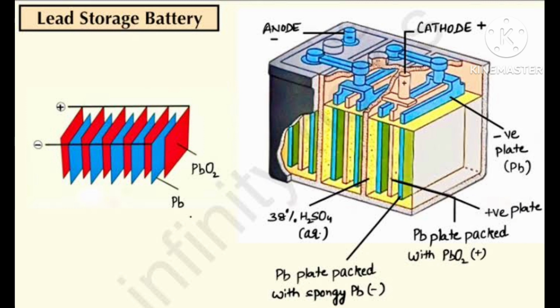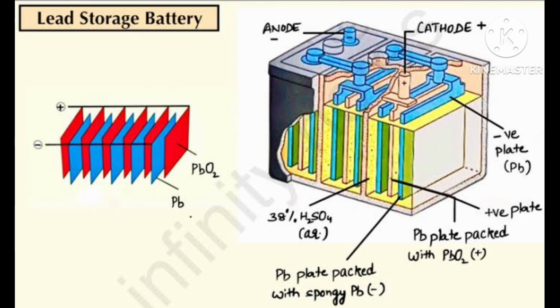Now you have seen lead is used as anode, and lead oxide is used as cathode. A grid of lead packed with lead dioxide is used as cathode. Now what will be the electrolyte?